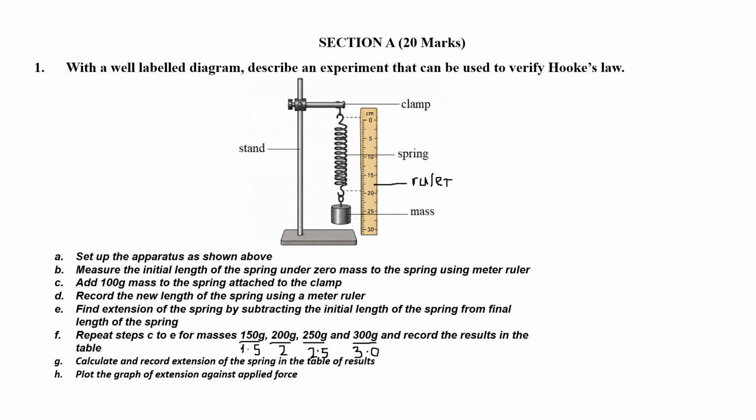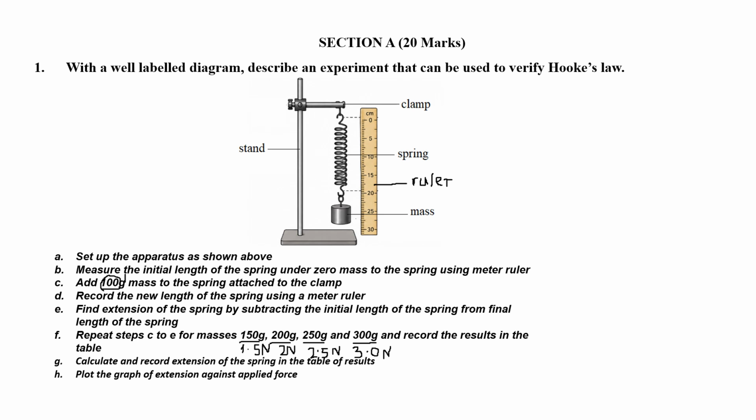But don't convert these in this description. We are just looking at a situation where you are doing this practically. Your table of values will have to include the weights too in newtons. So these are newtons. The 100 grams mass is 1 newton, this one.